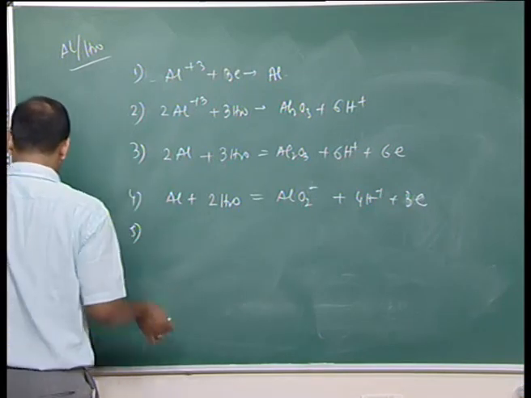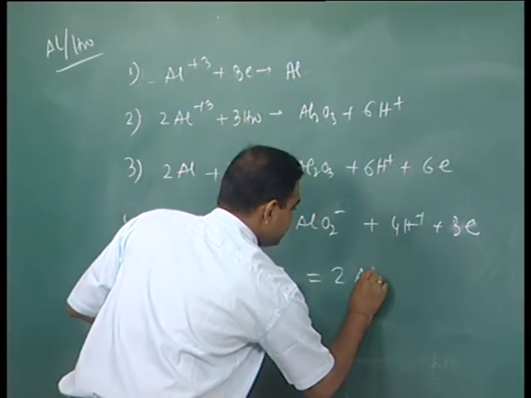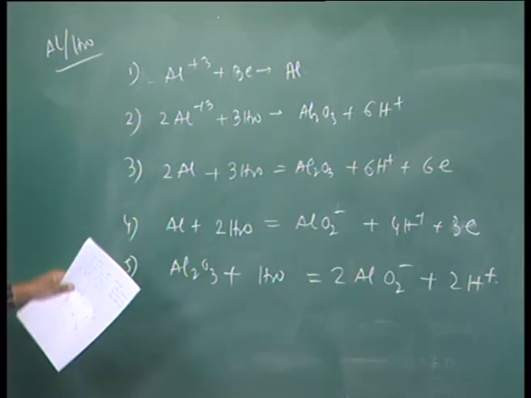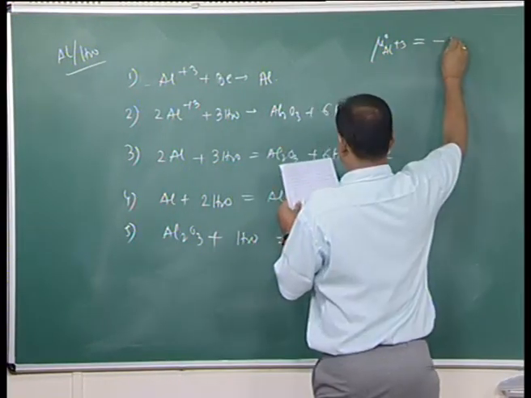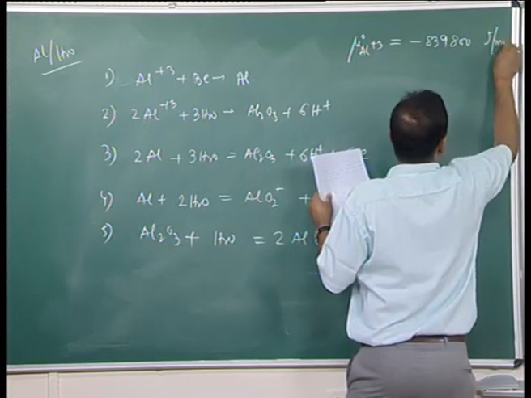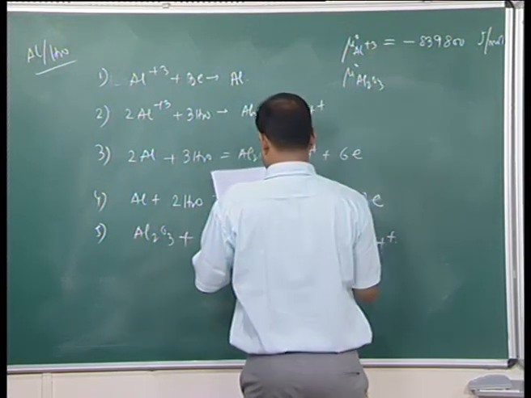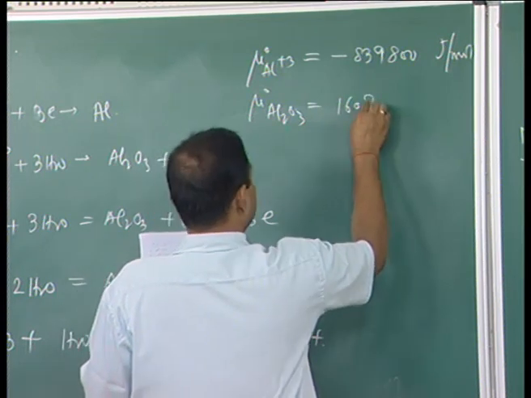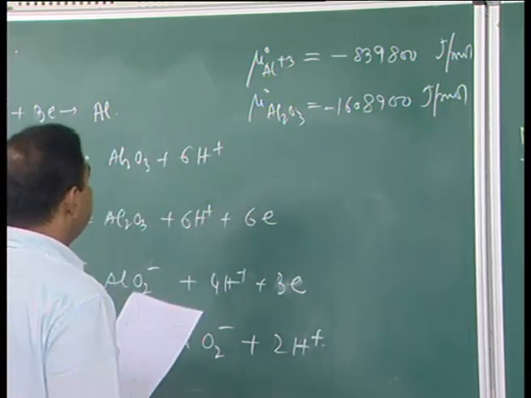Another reaction that is possible is Al2O3 plus H2O equal to 2AlO2- plus 2H+, and the value of mu 0 of Al3+ would be equal to minus 839,800 joule per mole, mu 0 of Al2O3 would be equal to minus 1,608,900 joule per mole.